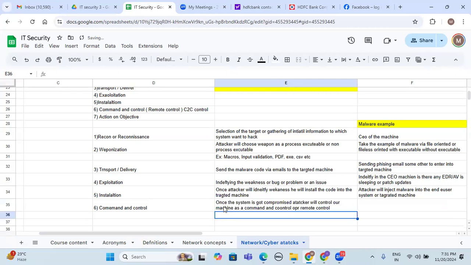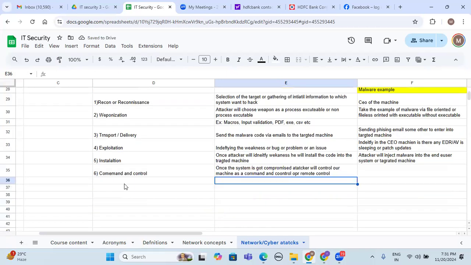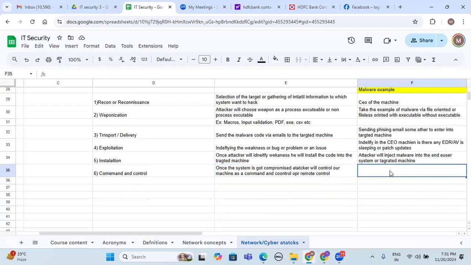That is called the command and control part. Finally, nothing but your system has already been compromised. The CEO system is compromised by malware. Then the attacker is controlling the CEO machine.